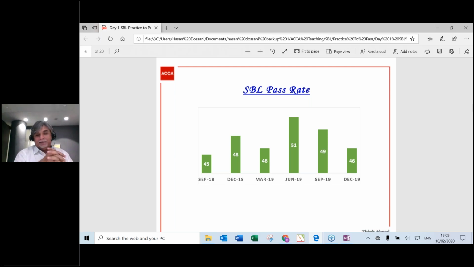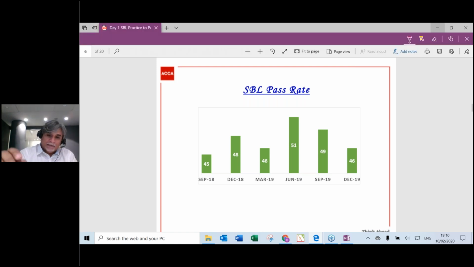SBL pass rate from September 2018 to December 2019. You can see that in the last attempt, the passing rate was 46%. I hate to point this out, but I don't like this.